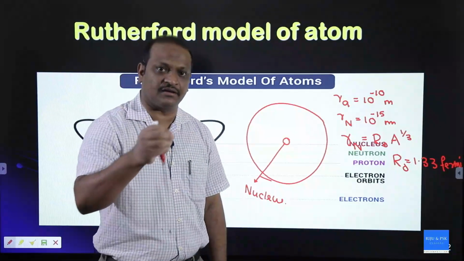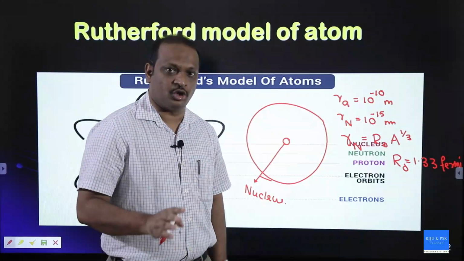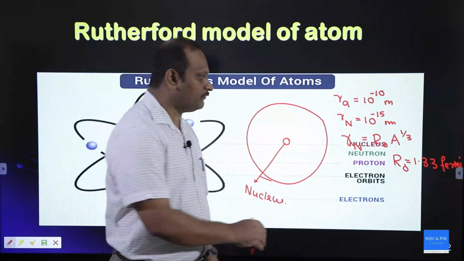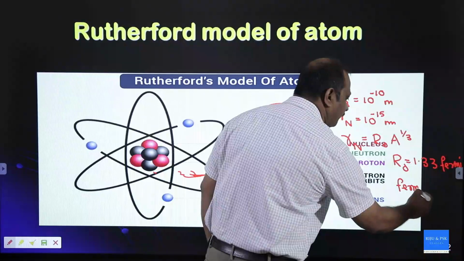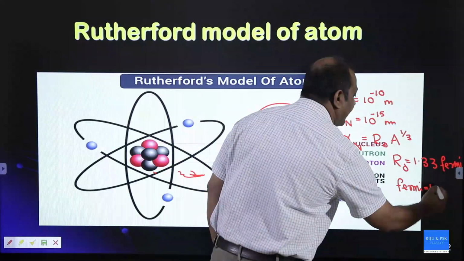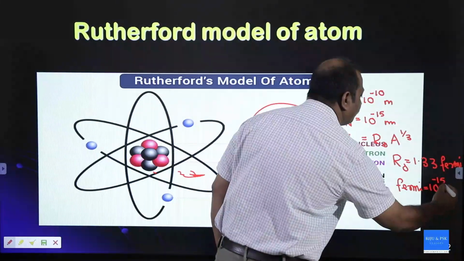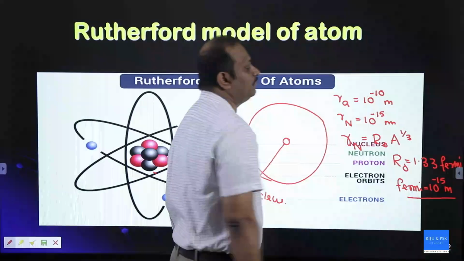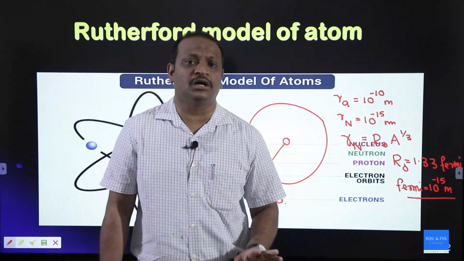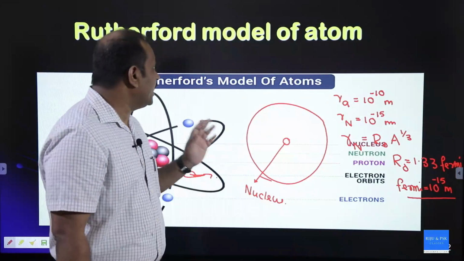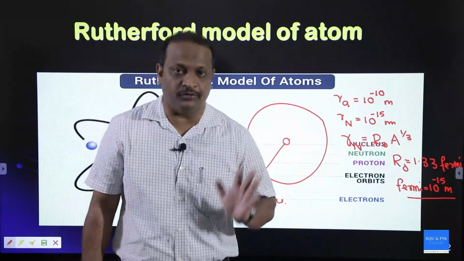Fermi is just like meter; it's a unit of length. So Fermi is equal to 10 raised to minus 15 meter. So remember this. These are the statements, the hypotheses made by Rutherford.